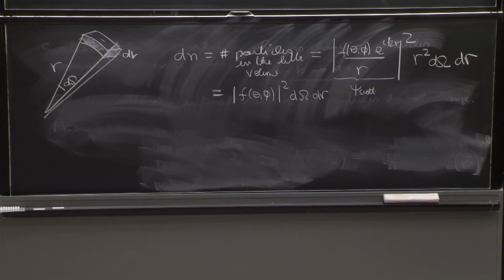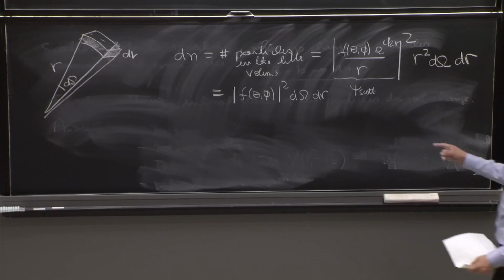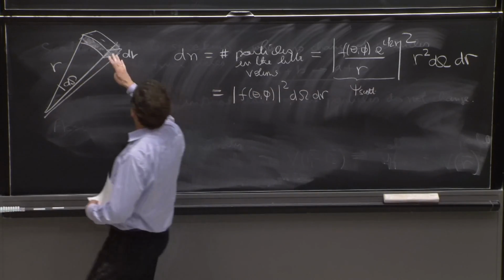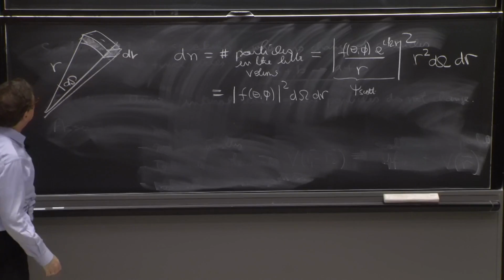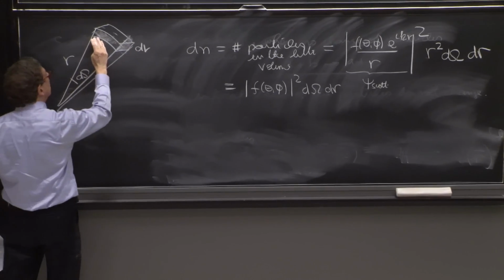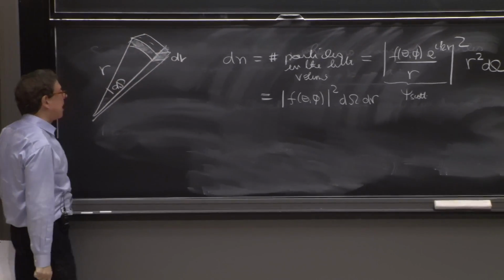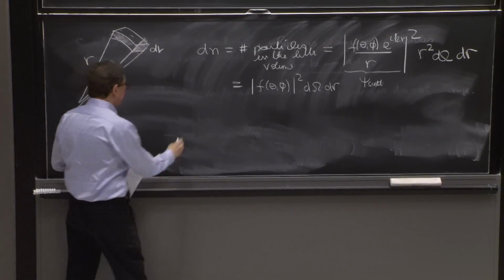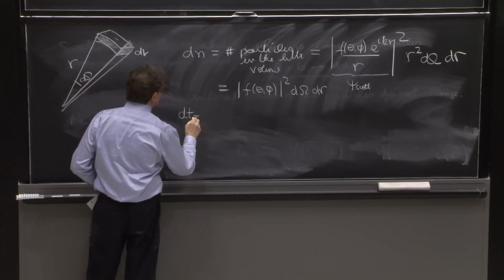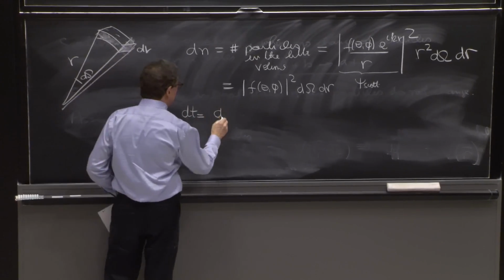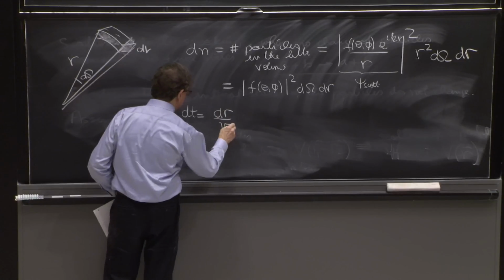With all these particles, this is the number of particles inside the box, but all these particles will go through the box in a little time dt, which is equal to dr over the velocity.